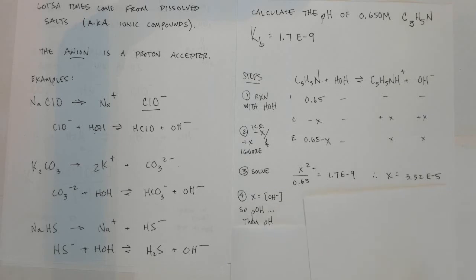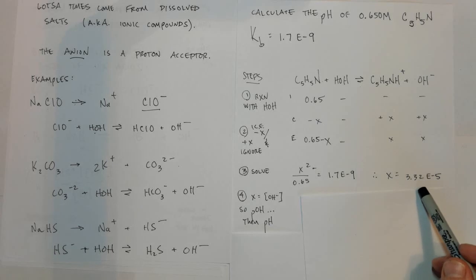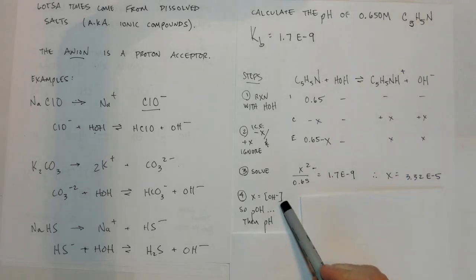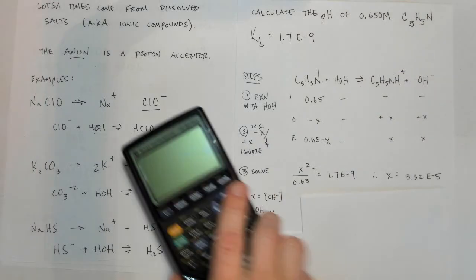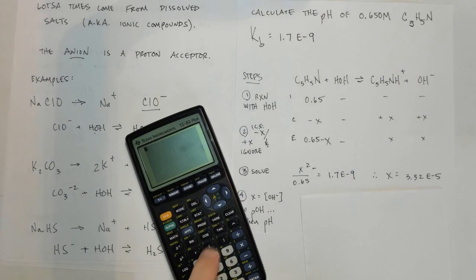And then lastly, this x right here is equal to the OH minus ion concentration. So we now need to find the pOH and then the pH. And so on my calculator, I would want to do the negative logarithm of this number, 3.32 times 10 to the negative 5th.